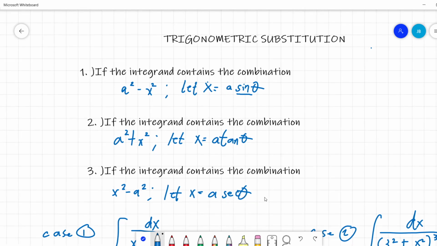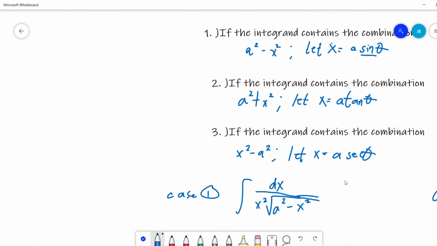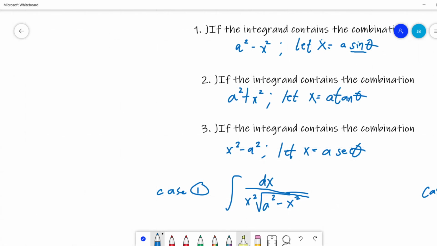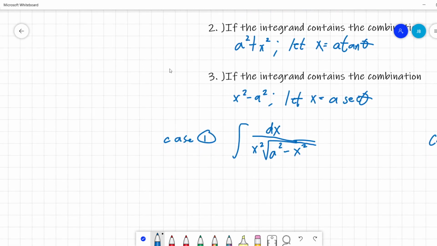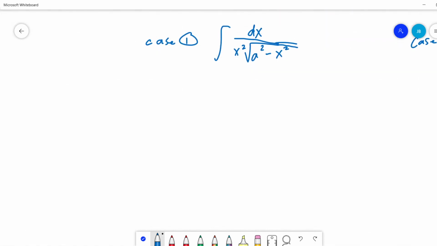Let's say, for example, we have for case 1, the integral of dx over x squared times the square root of a squared minus x squared. So you see, the integrand contains the combination a squared minus x squared. Therefore, you are going to let x as a sine theta.